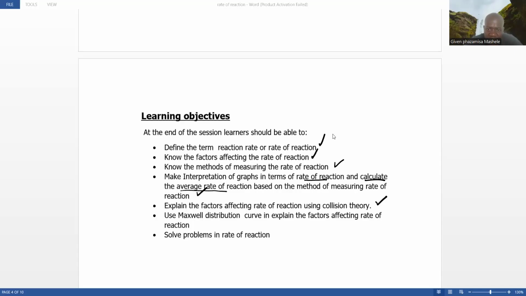So now let's go through this. I just want to check what we've covered already. We went through rate of reaction, we defined it, we looked at the factors, methods of measuring, interpretation of the graphs, and factors affecting it using collision theory. We also explained the Maxwell distribution curve to explain the factors that are affecting the rate.